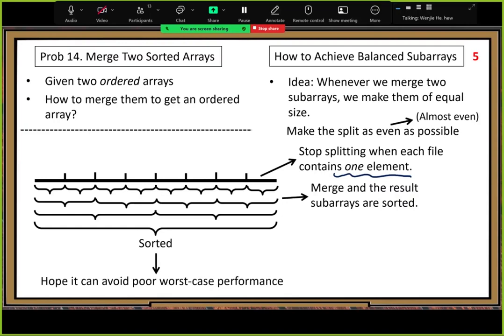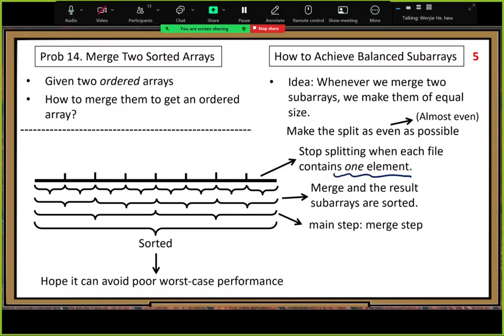In this way, we have a chance to avoid a poor worst case. Why? Because we apply our balancing principle. We distribute our data evenly all the time, right? Based on our balancing principle, we can avoid very poor worst case efficiency.